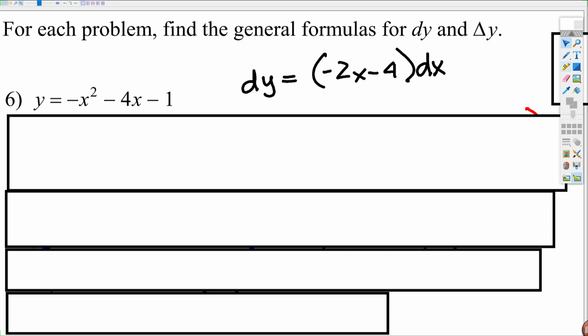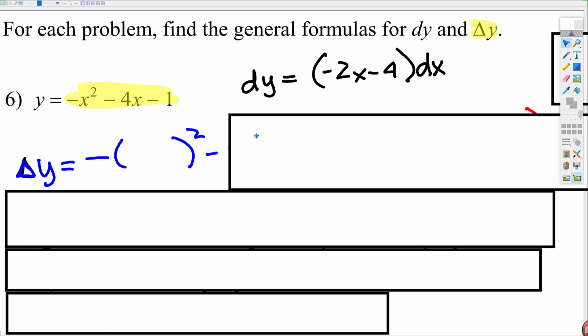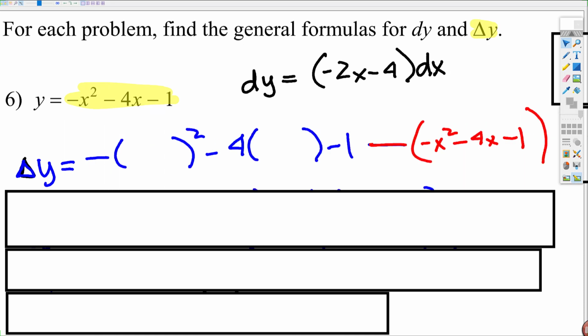But then you have to take this thing, and everywhere there's an x, to find the delta y, you have to plug in x plus delta x. Well, then you're going to have to square that binomial, and then that's just a distributive.